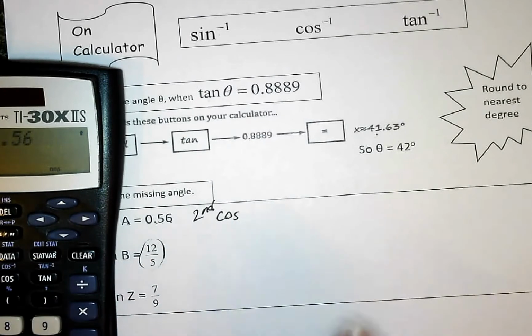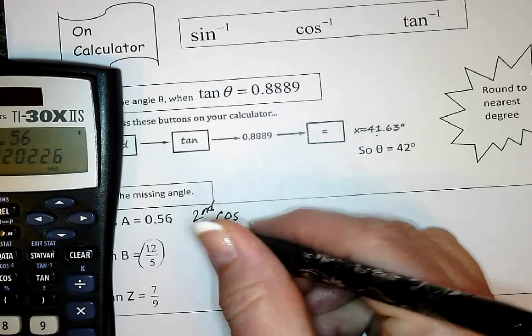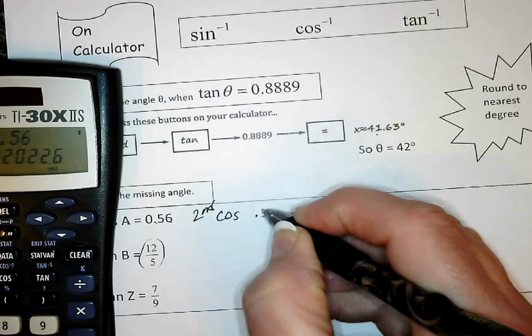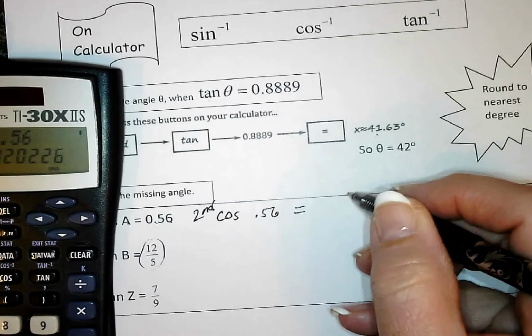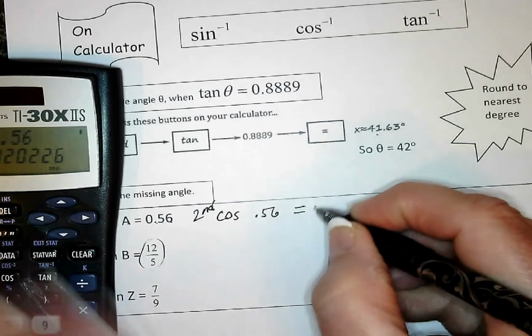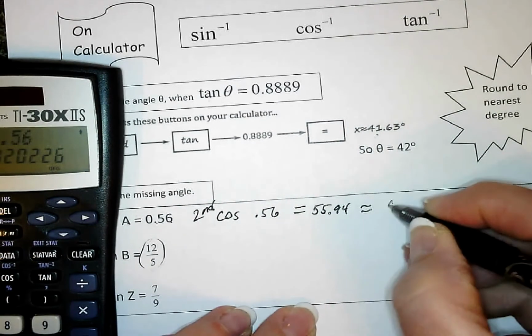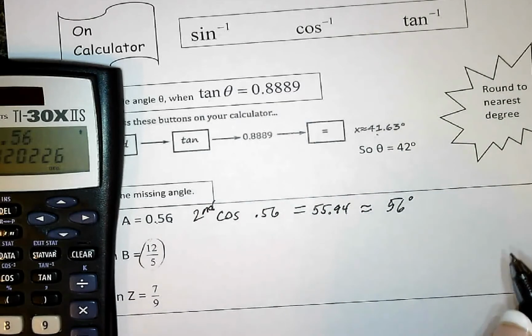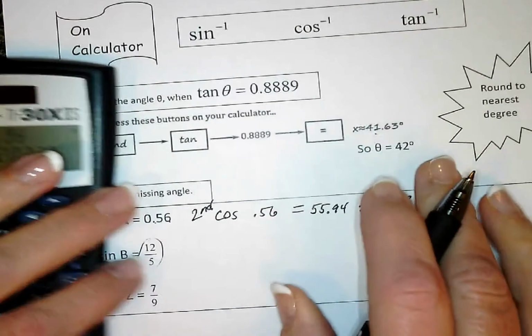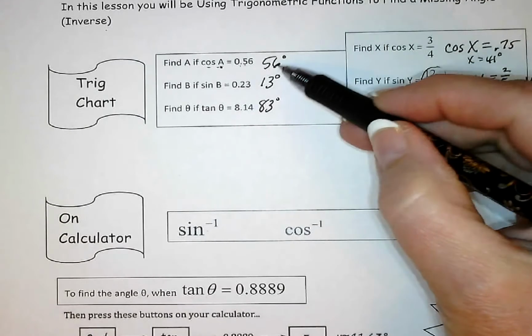Push equals. And you get 55.94. If we want to round to the nearest degree, we would say 56 degrees. If you look up on top, that's the same answer we got looking up on the chart.